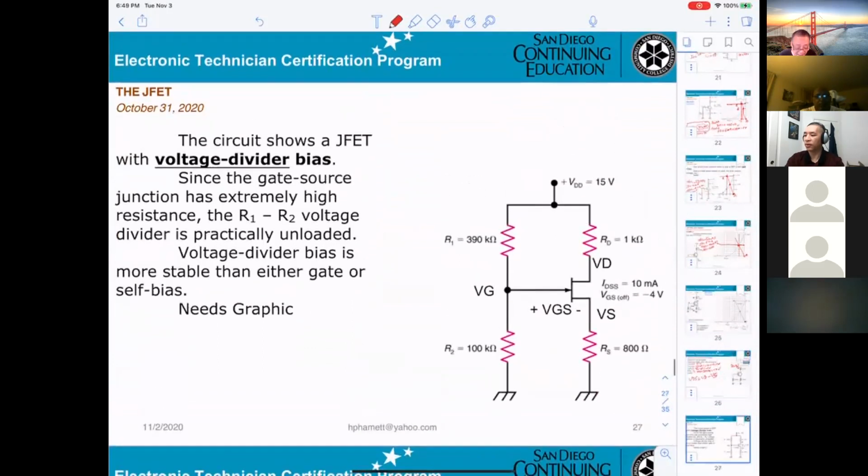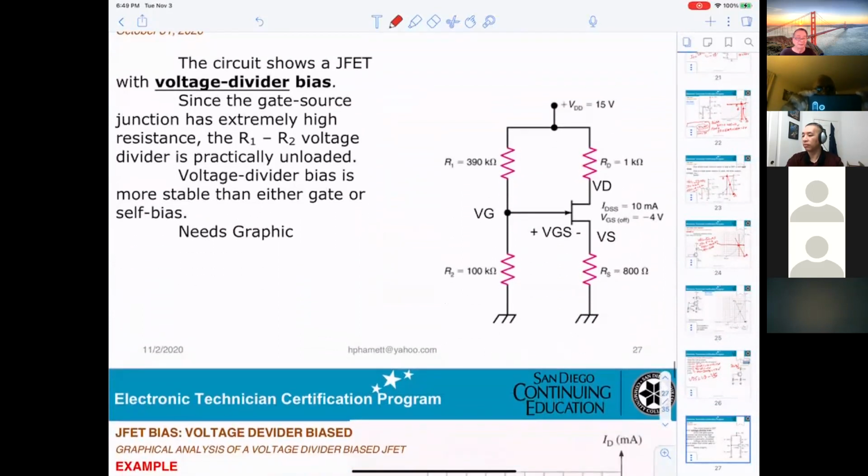Okay, this is the last one, for voltage divider bias. You already saw this circuitry in the bipolar. They use R1, R2 to get the voltage at VG.